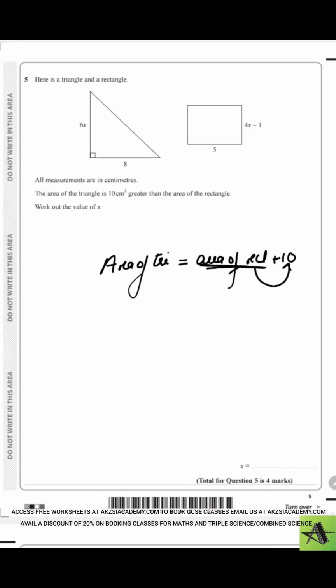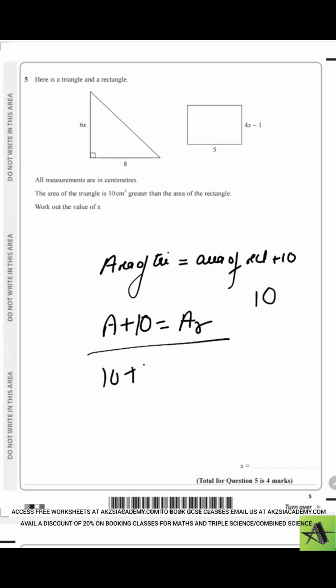Whatever the area of the rectangle is, if I add 10 to it, I'll get the area of the triangle. The most common mistake that a student makes is writing the area of the triangle is 10 greater than the area of the rectangle in reverse. If, for example, I put the area of the triangle as 10, then 10 plus 10, the area of the rectangle you get is 20. And we know that the area of the triangle is greater, not the area of the rectangle.